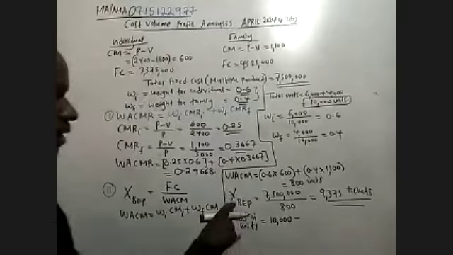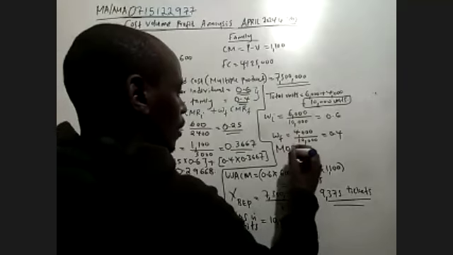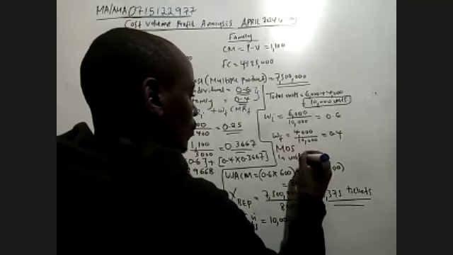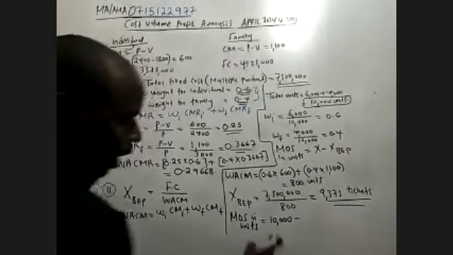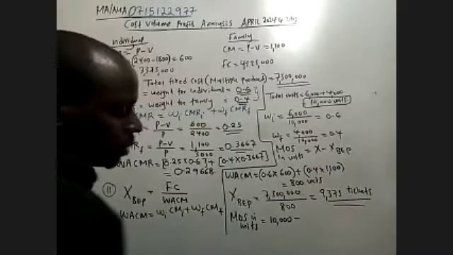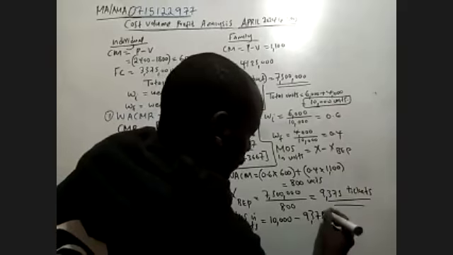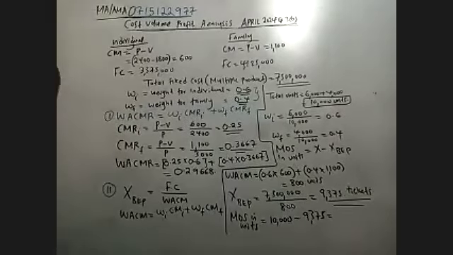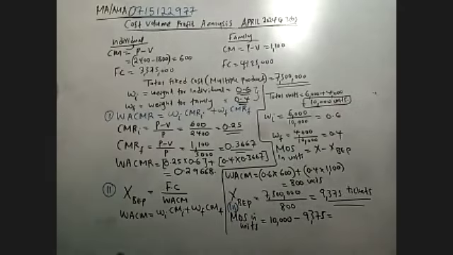Total units, 10,000, minus BP, 9.375 thousand. So hiyo ni part 3. Part 3 tumemaliza hivyo. Itakuwa ni 10,000 minus 9.375 thousand, which is 625 tickets.